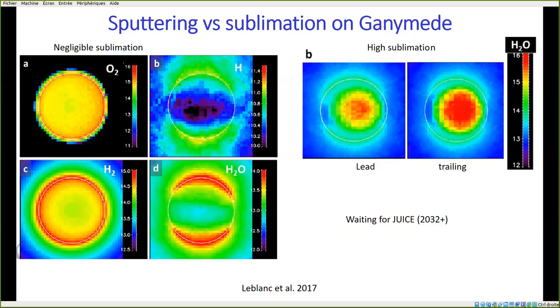But these are simply models, and all of this is so far very poorly characterized by observation. Note that we expect a lot of progress from the operation of the JUICE mission. This mission, starting about 2032, will have an orbital phase around Ganymede, and therefore should be able to map the different species of this atmosphere.